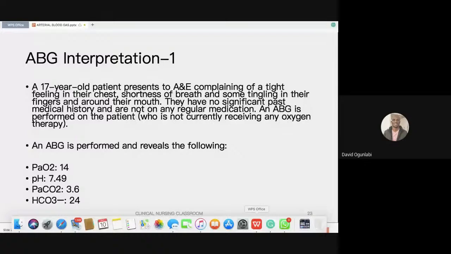So it is reasonable for us to say that this is respiratory alkalosis. Okay? Respiratory alkalosis. At this point, it is safe for us to say this patient is suffering from what? Respiratory alkalosis.